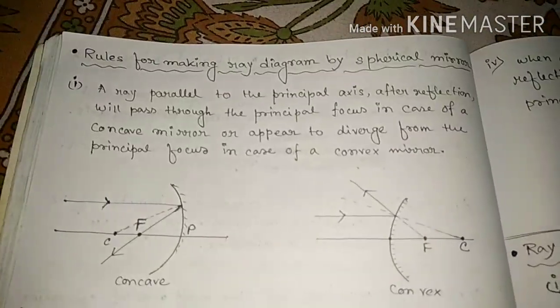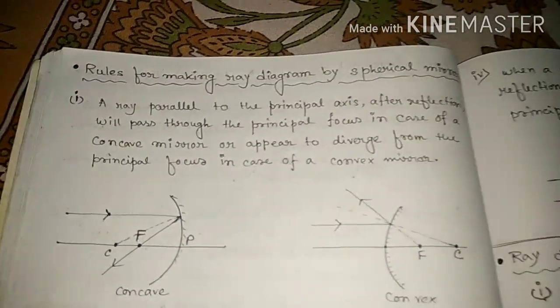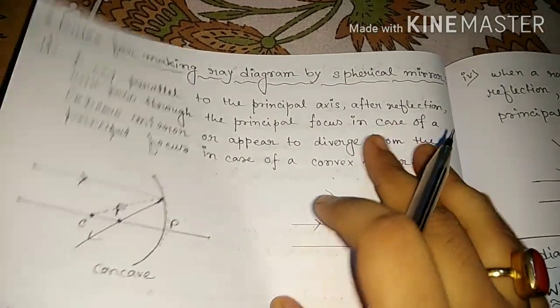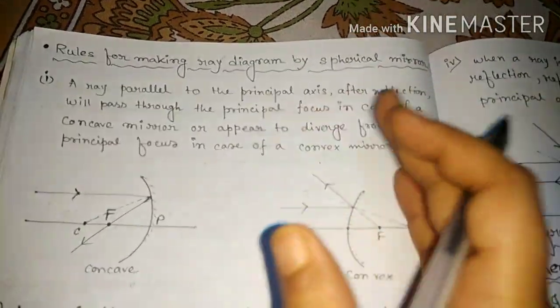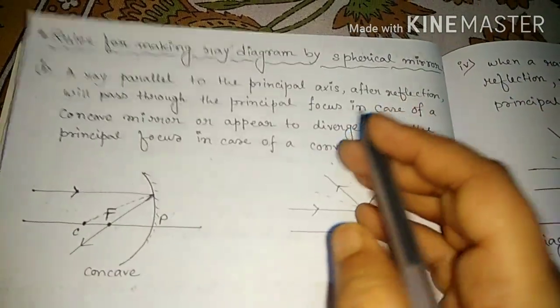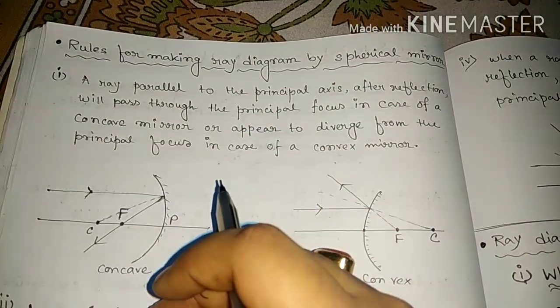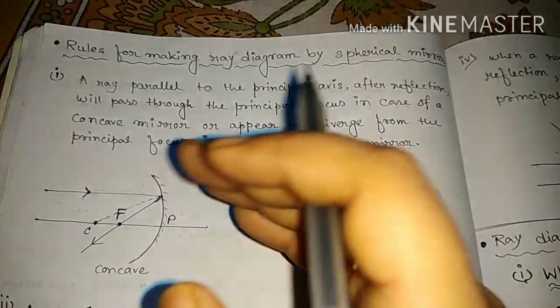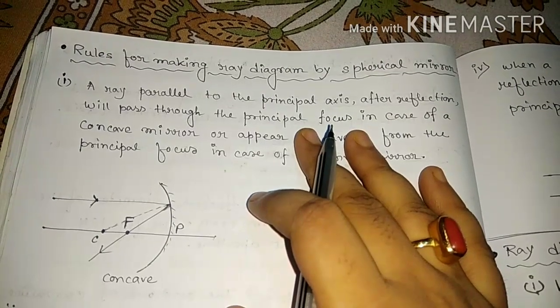Now for spherical mirrors there are some rules for making a ray diagram. When we draw the ray diagram, for both concave and convex, we have to keep these rules in mind. Otherwise, we cannot draw the ray diagrams properly.